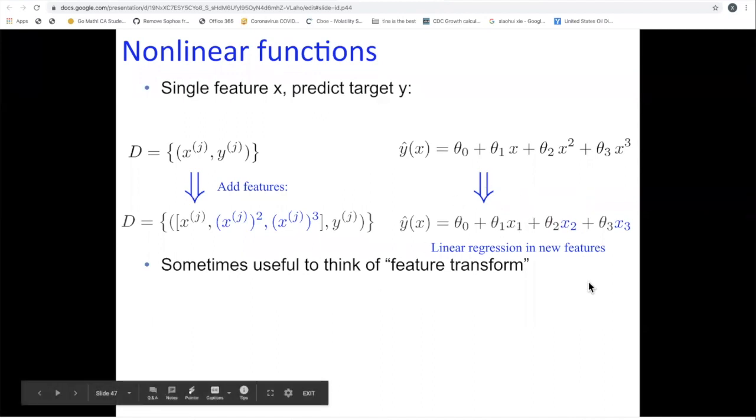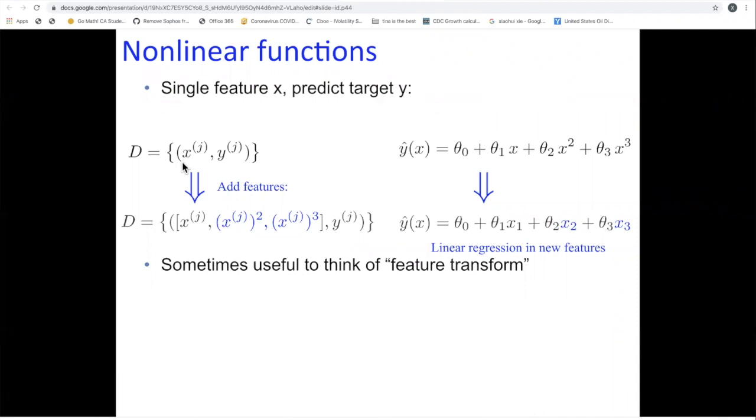The only difference is that instead of one-dimensional features, you now have three-dimensional input features. Everything else stays the same, including how you formulate your loss function and how you learn the parameters. Instead of learning two parameters, theta 0 and theta 1, you now learn theta 0, theta 1, theta 2, and theta 3.